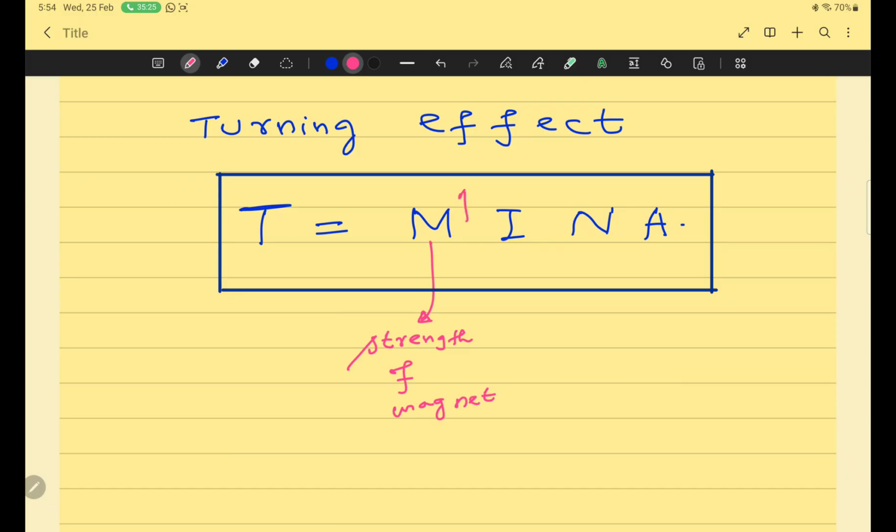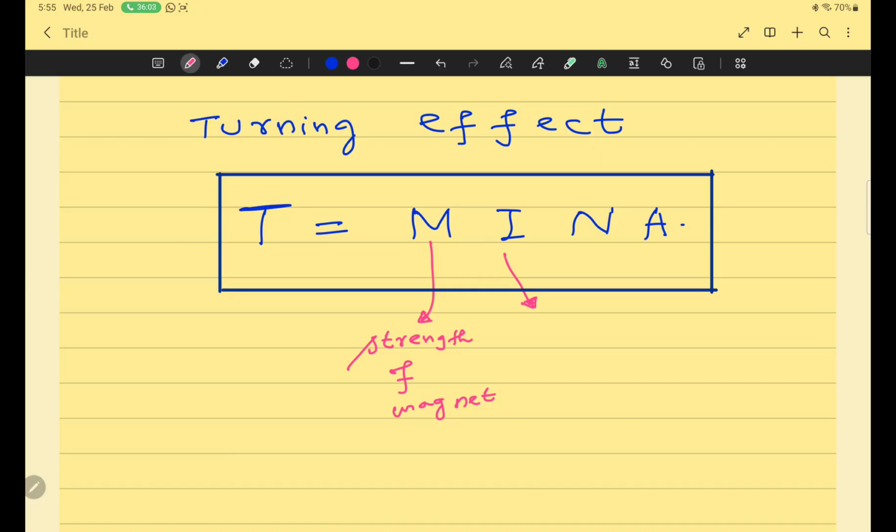If the magnet is strong, it will produce a strong turning effect. If the magnet is weak, it will produce a weak turning effect. So if you want to run your motor at a high speed, then obviously you should use a strong magnet. Number two, if you want to control the speed of the motor, sometimes I need to turn the fan at a high speed, sometimes at a low speed.